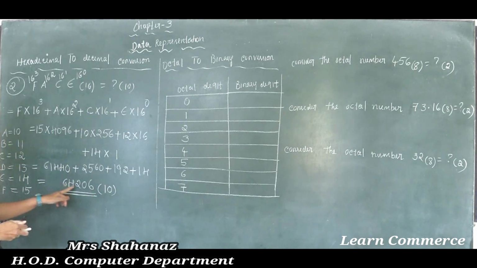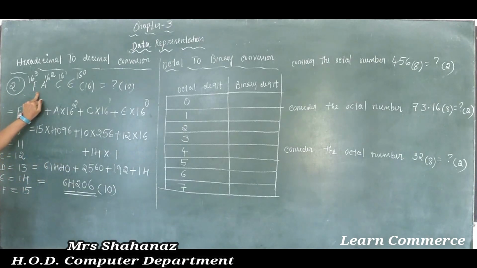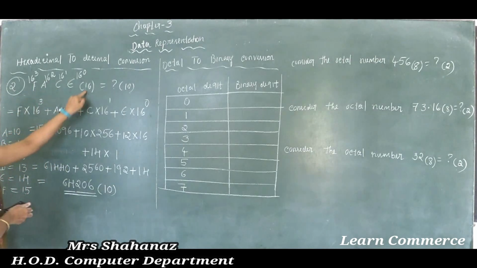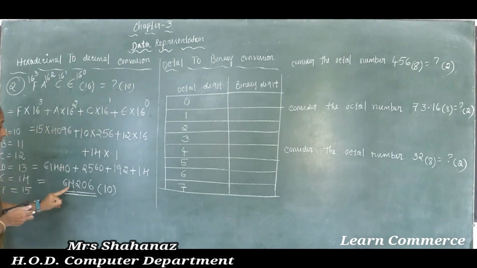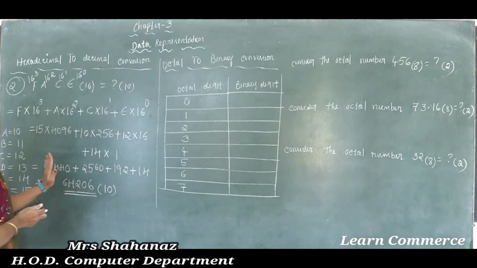Clear this one? So this is the answer of our phase, meaning we converted from hexadecimal to decimal. The answer 64206 is converted to decimal, so we need to write the base value. Clear this point here?